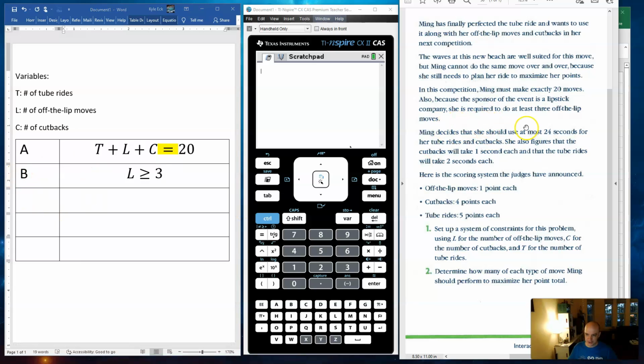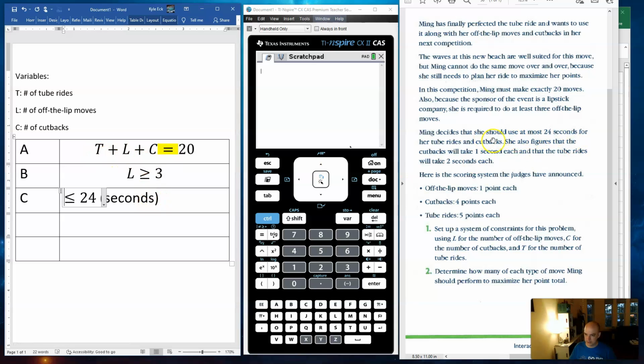Ming decides that she should use at most 24 seconds for her 2 brides and cutbacks. So let's go ahead and start writing a constraint less than or equal to 24. And I'm going to make a note that this is seconds. Why? Because on the other side of the equation, the things that I put here also need to be in terms of seconds or have to involve the time.